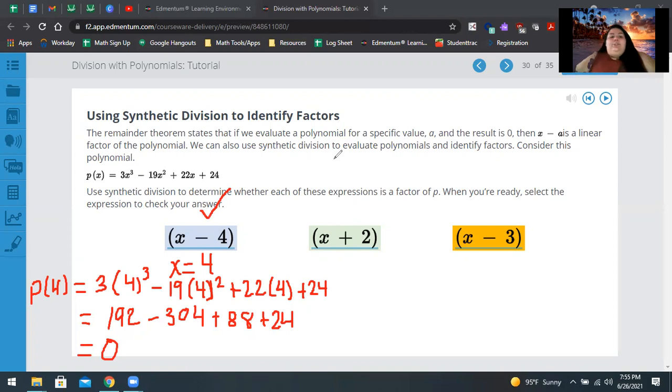So it is telling us below, use synthetic division to determine whether these expressions are factors of p. It did say use synthetic division, but we can use the first part of remainder theorem: plug in that value and get 0.